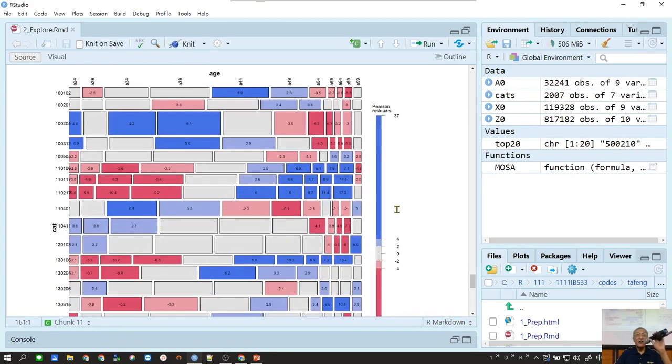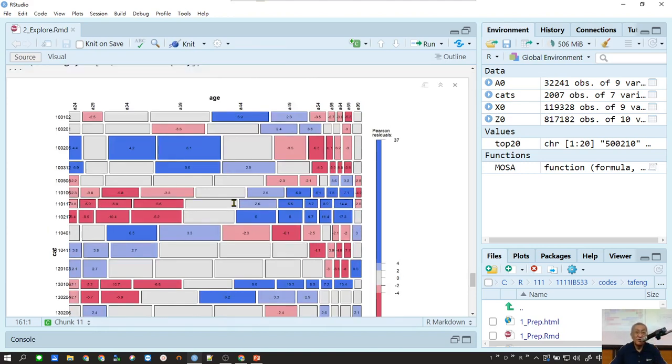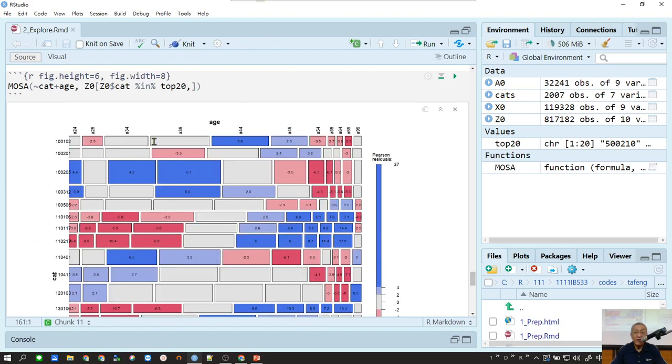Actually, a better way to do this is to put age here and product category in this direction. It'll be a lot easier. Let me show you. Actually, if I change the direction.